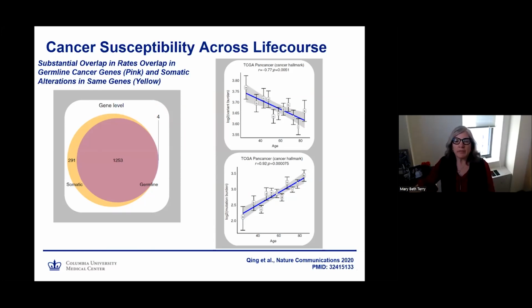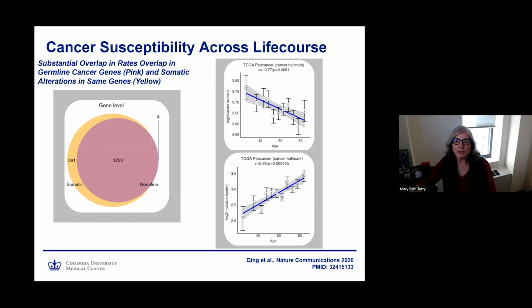This illustrates that the majority of the cancer hallmark genes, about 1,200, can be affected either through the germline, represented in pink, or somatic level, represented in yellow, meaning altered throughout life. Cancers on average harbor 13 germline functional variants, but again, we want to move beyond the average, and the range is quite wide, 4 to 29.